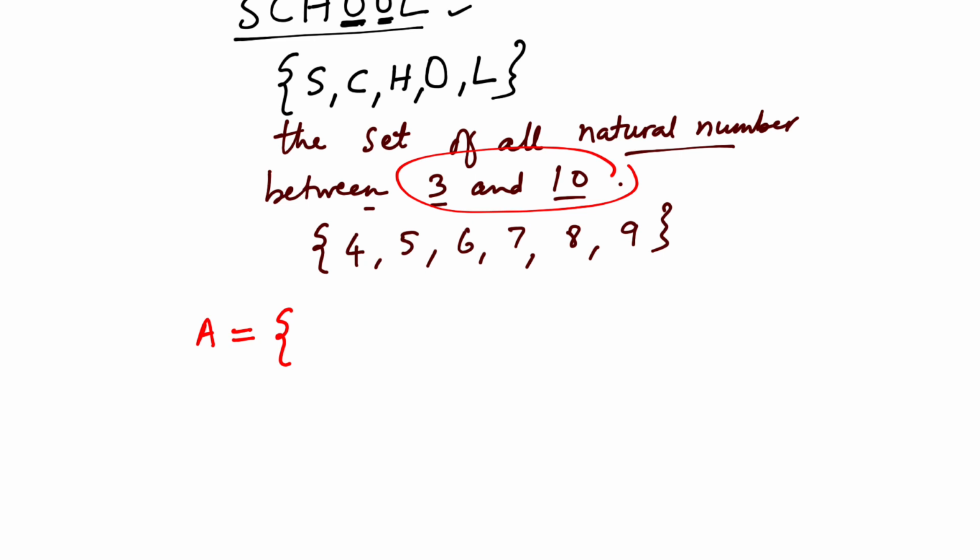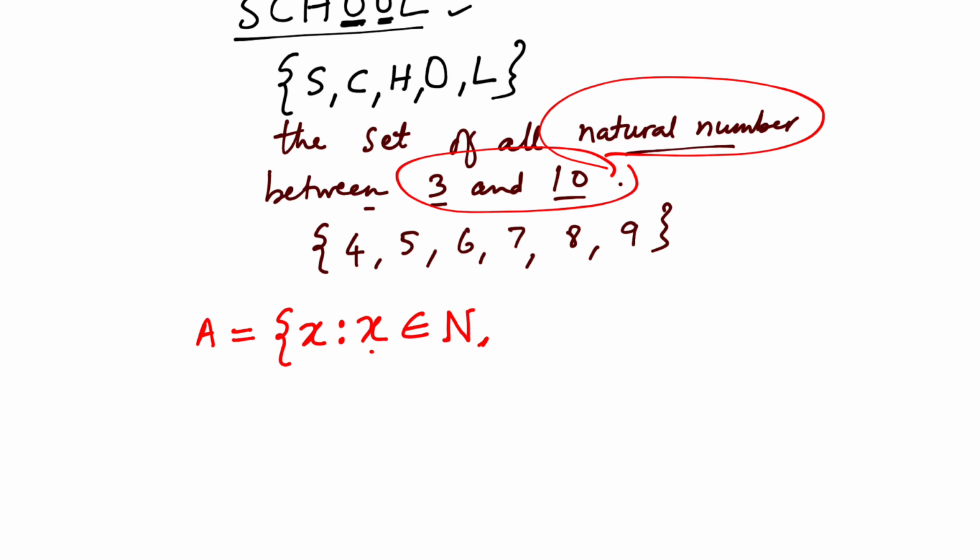So we write it like: X such that X is in N, and as you know, N represents natural numbers. So X is a member of N. X is a natural number.